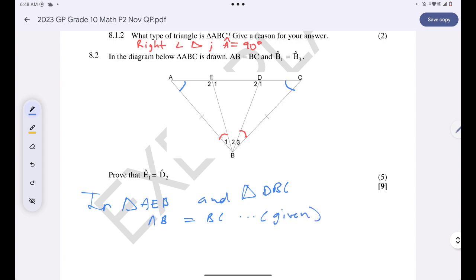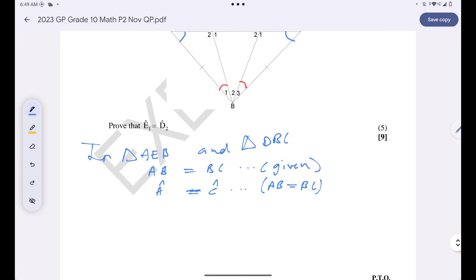Are you together? And since this is true, we conclude that angle A will be the same as angle C. Why? Because it's an isosceles triangle. This is true because AB and BC are equal. And also we were told that angle B1 is the same as angle B3. This was given to us.